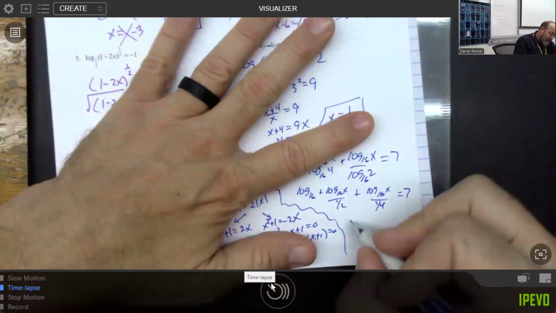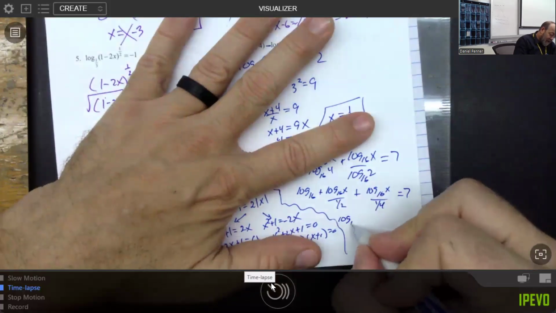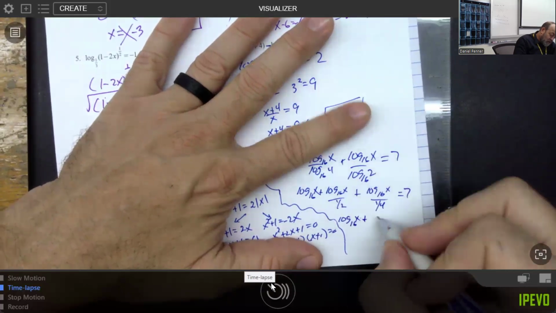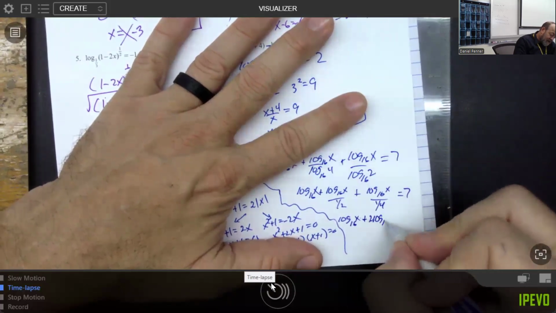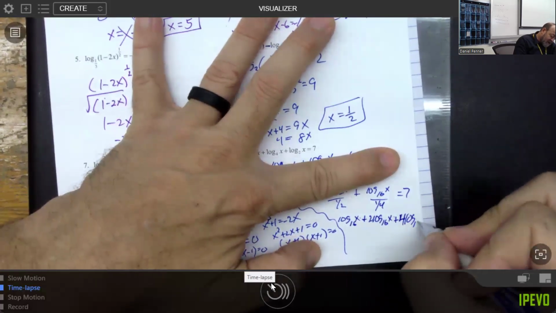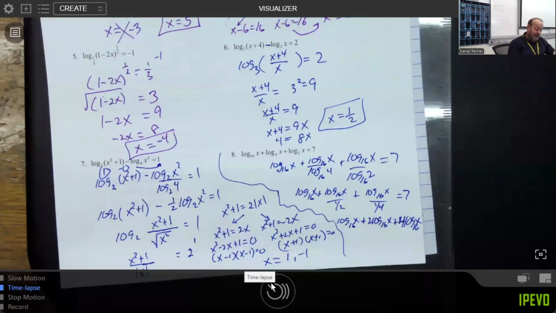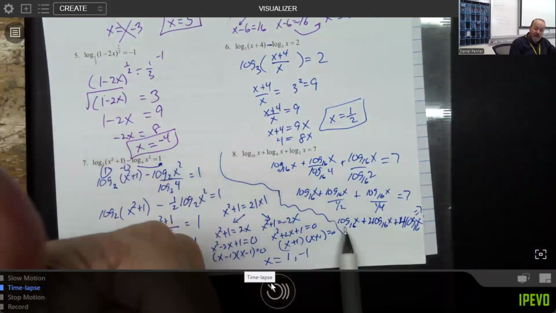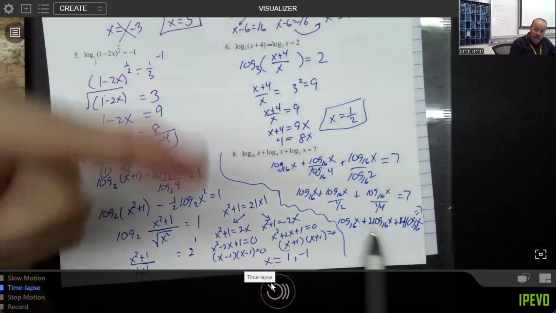So that means I have the log base 16 of x, plus 2 log base 16s of x, plus 4 log base 16s of x is equal to 7, right? All of that stuff is equal to 7. Well, I've got 1 of those logs. I've got 2 of those logs. I've got 4 of those logs.